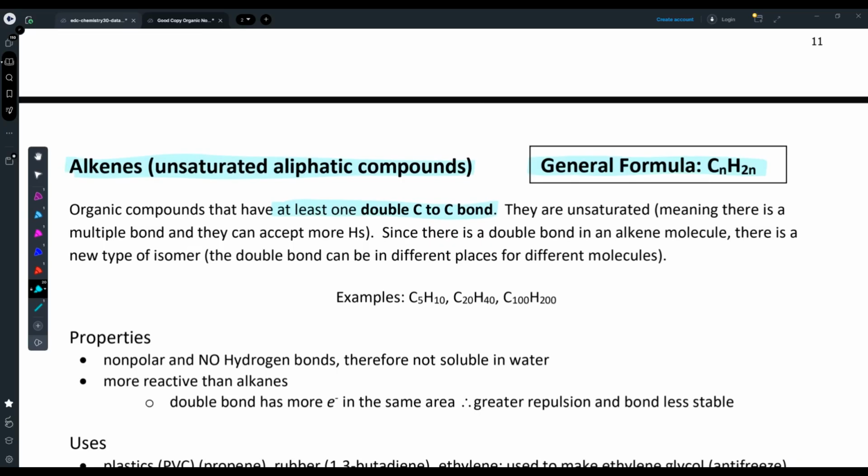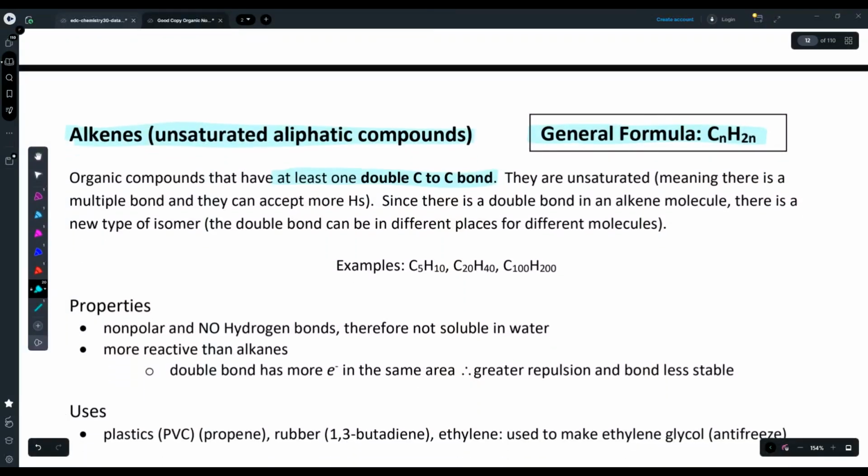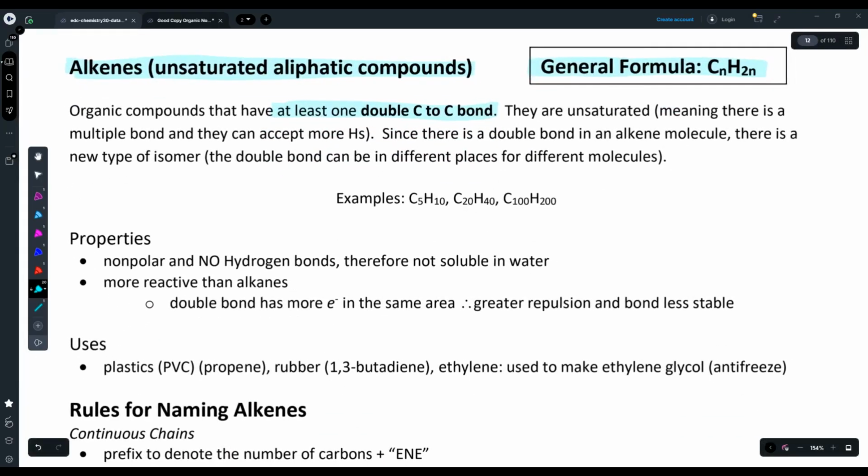Now since there's a double bond in an alkene molecule, that means there's a new type of isomer. So the double bond can exist in different places in different molecules. Some examples of alkenes: C5H10, C20H40, C100H200, so on and so forth.